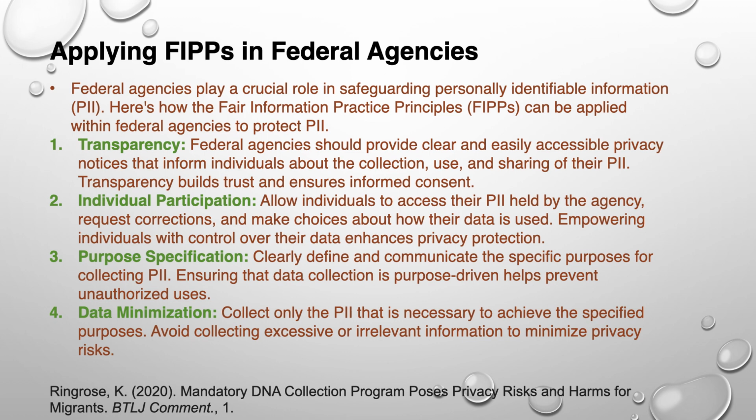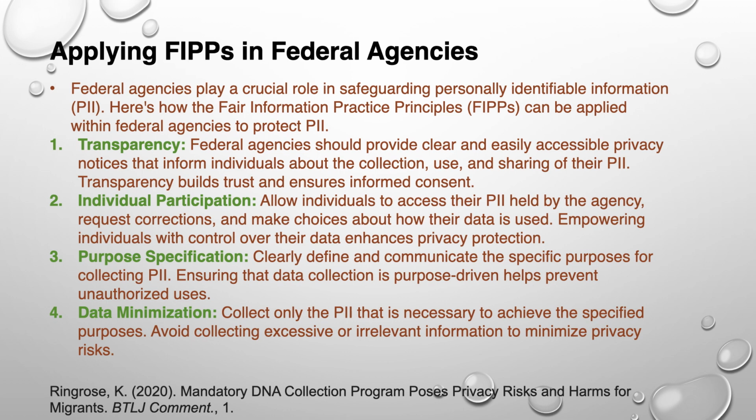Federal agencies play a vital role in safeguarding personally identifiable information, or PII. Let's explore how the Fair Information Practice Principles, or FIPPs, can guide federal agencies in this task. Number one, transparency. Agencies should provide clear privacy notices to inform individuals about PII collection and use, ensuring informed consent.